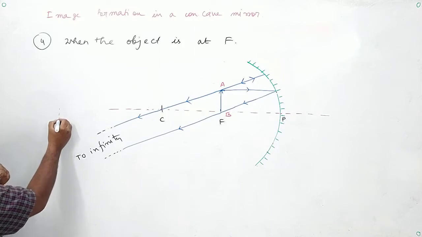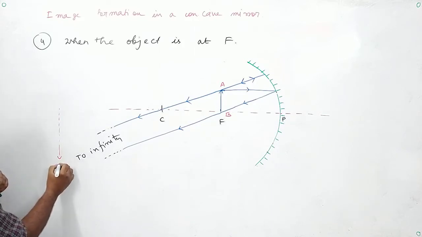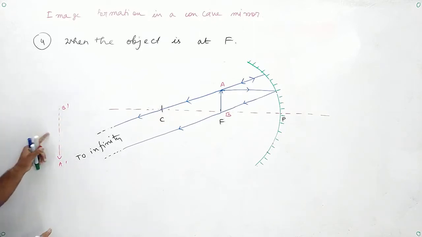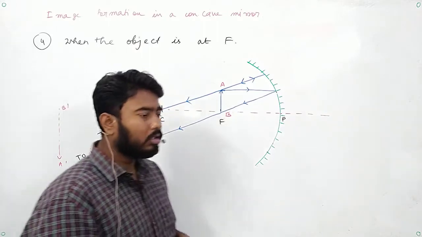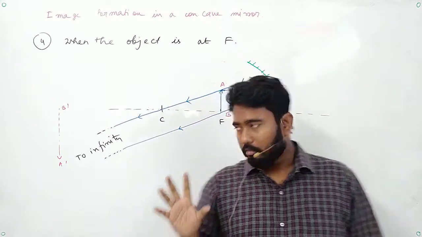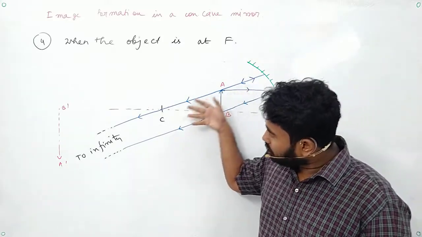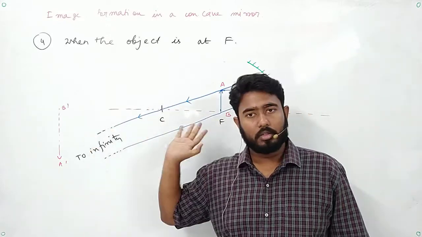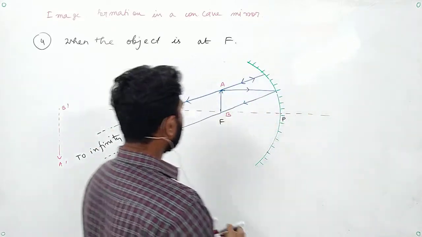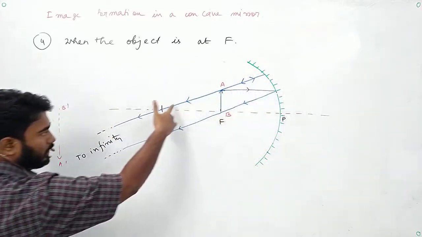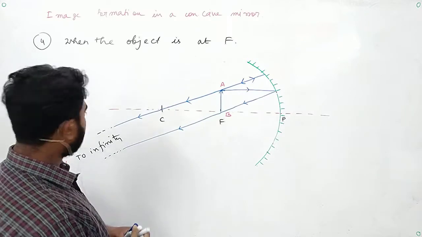The image will be somewhere at infinity. I don't know where they will actually form the image, because as seen from the diagram it seems like they will never meet. So what happened? Two rays came out from this point. After deflection they went parallel to each other.